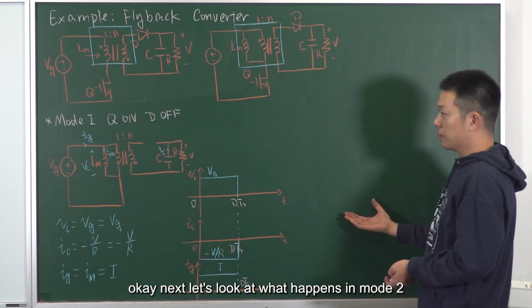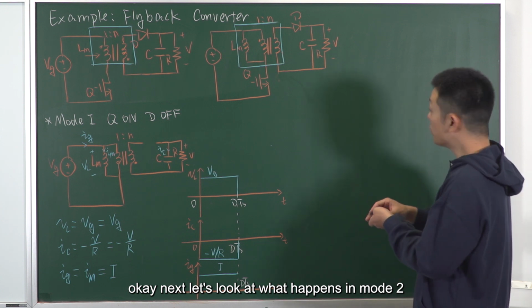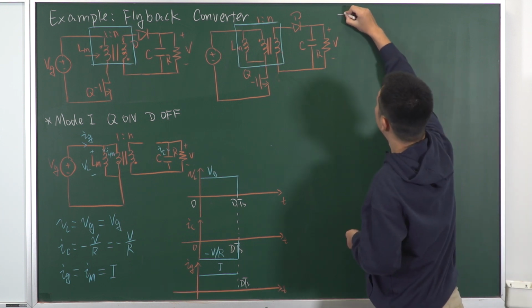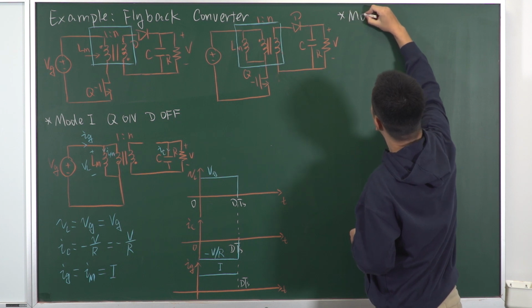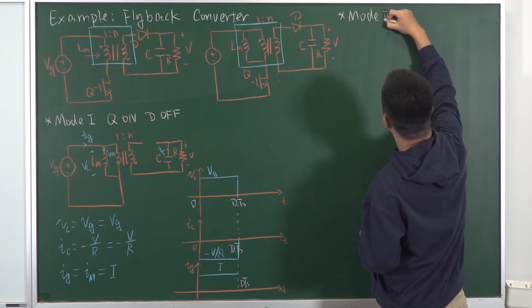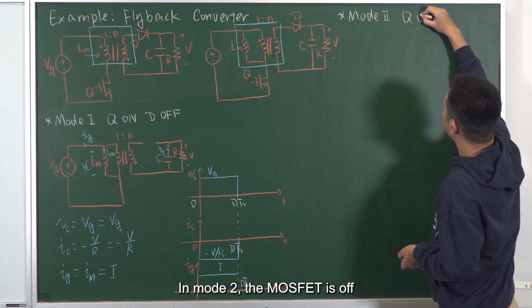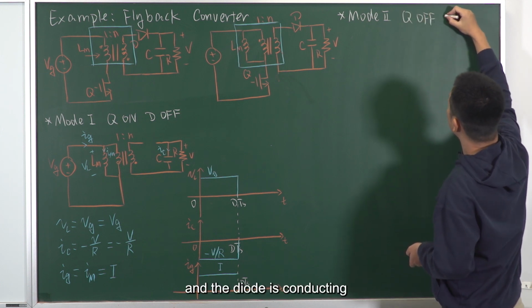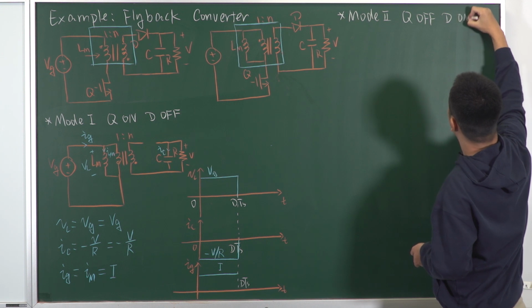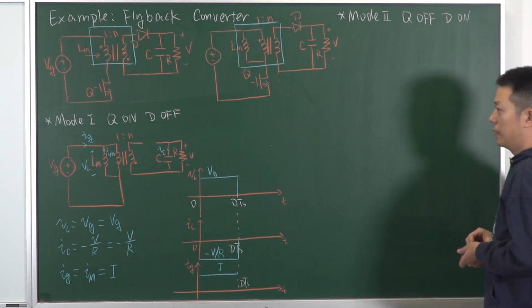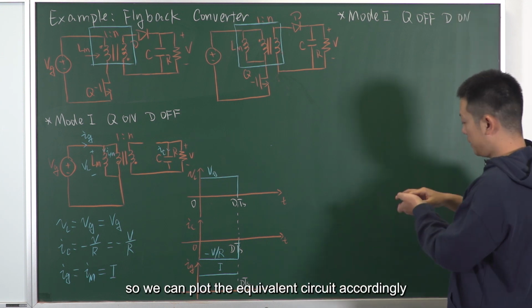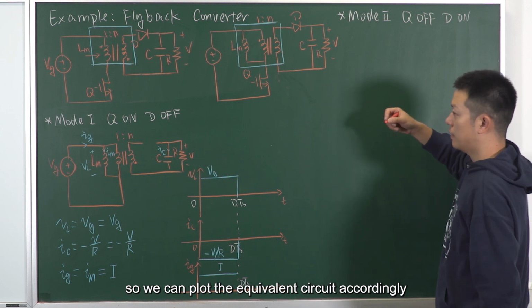Okay, next let's look at what happens in mode 2. In mode 2, the MOSFET is off and the diode is conducting. So we can plot the equivalent circuit accordingly.